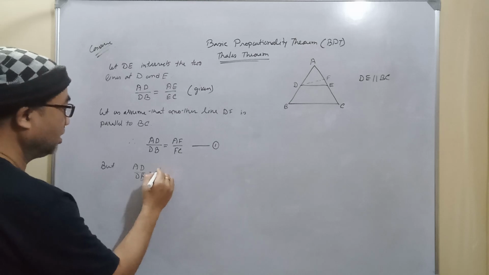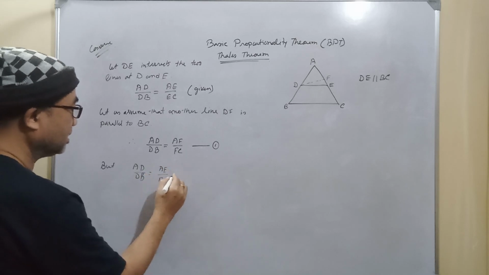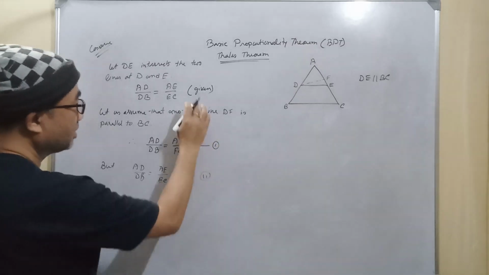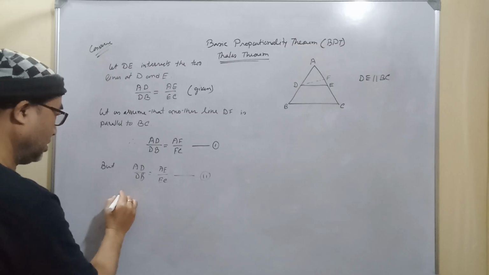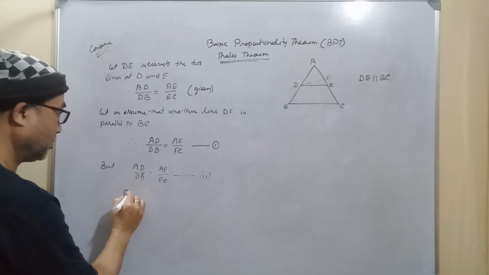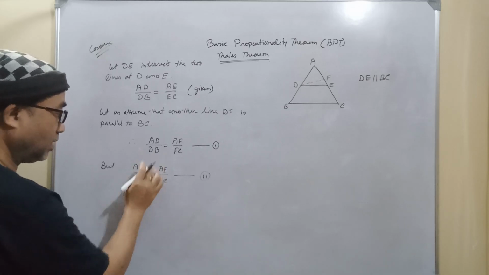AD by DB is AE by EC. This is given. This is given already. So these two are equal.